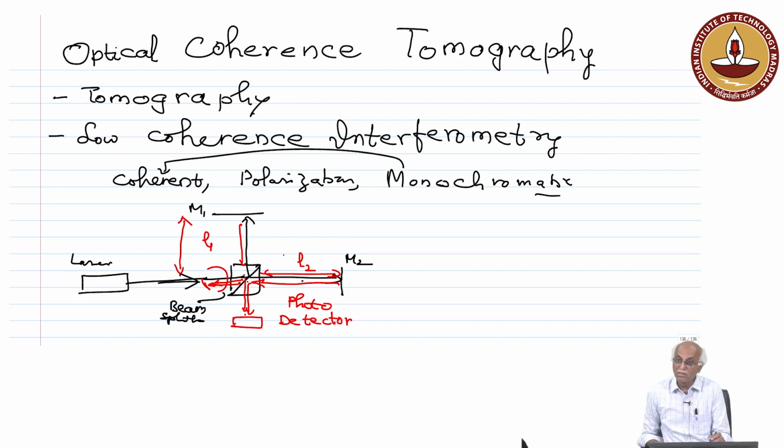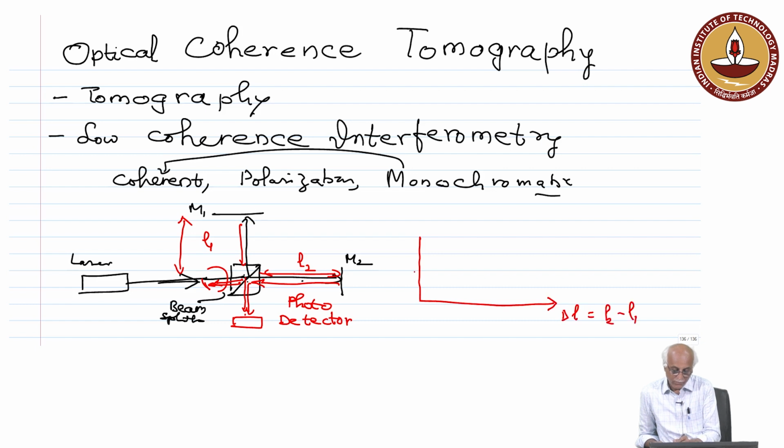So the path length difference is 0 and they will be in phase. Constructive interference means phase information is indirectly represented by the intensity signal. At path difference equal to 0, you will observe maximum intensity.